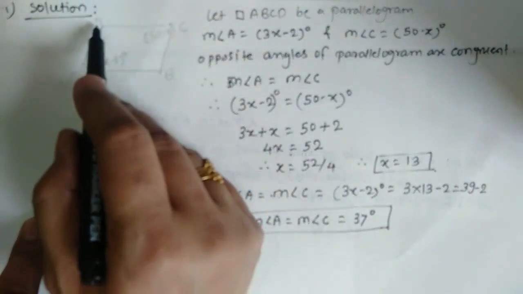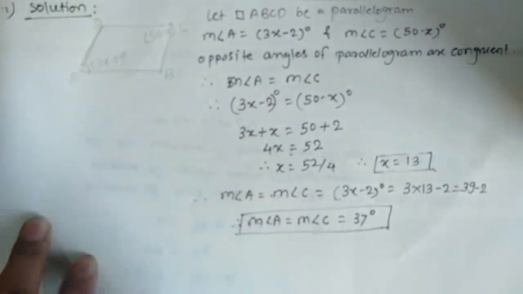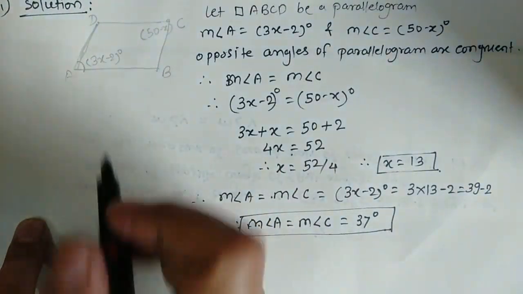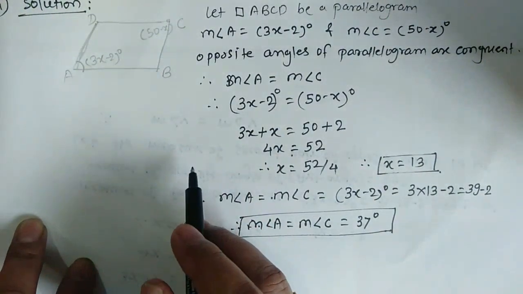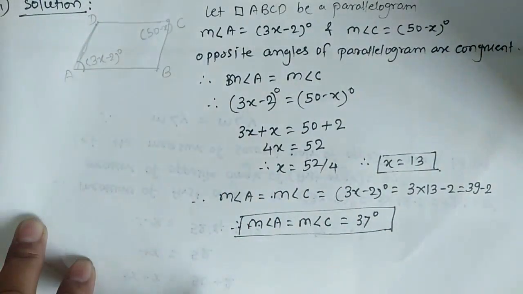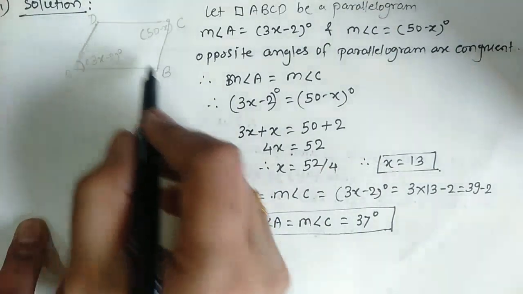See the figure. Side CD and side AB are parallel to each other and side AD is a transversal. So therefore measurement of angle D plus measurement of angle A is equal to 180 degree. Interior angles. So by using this property, we find out the measures of another pair of opposite angle.